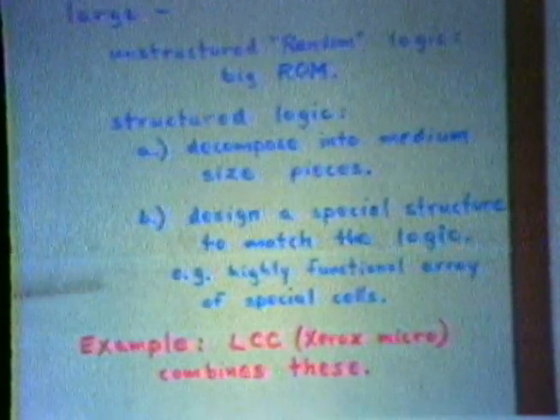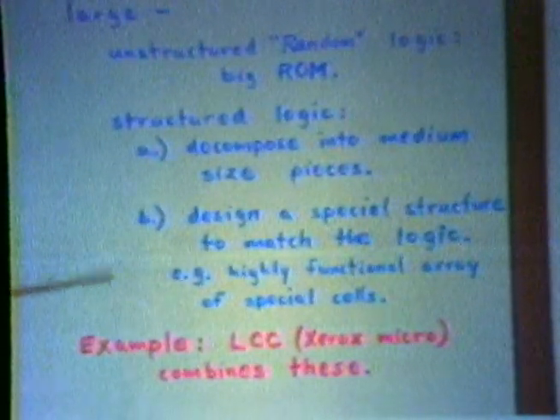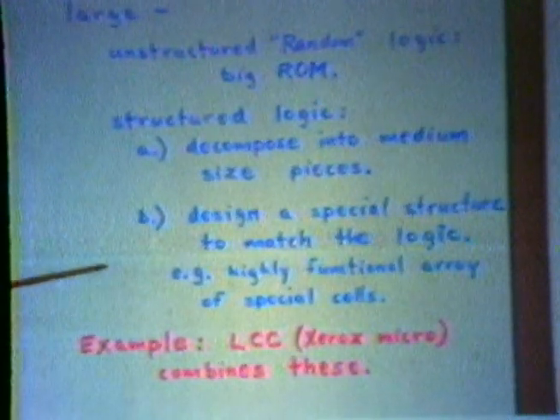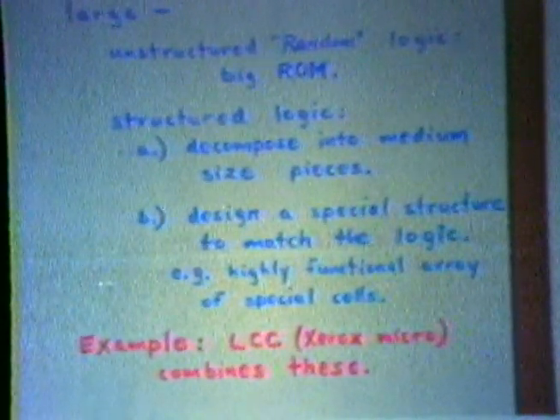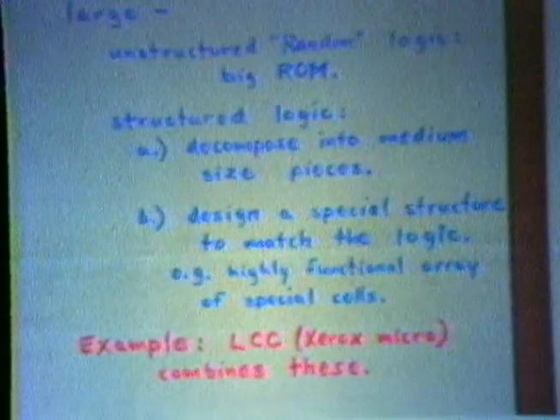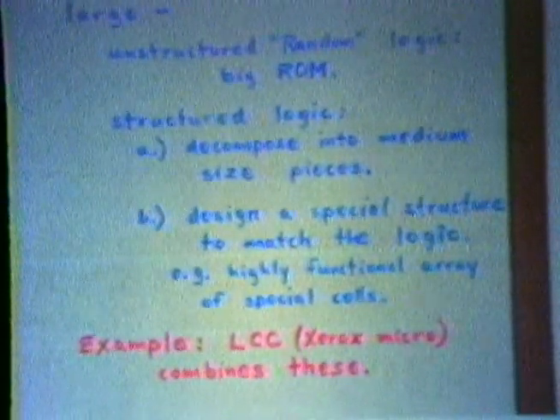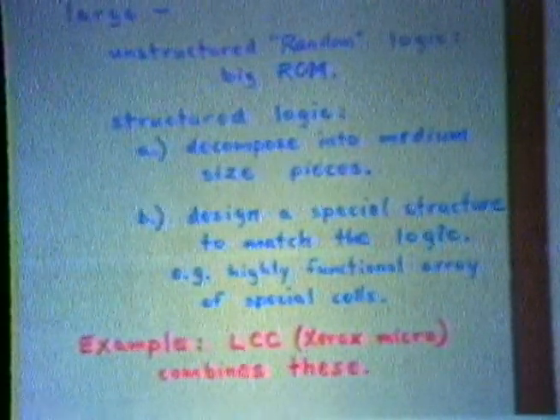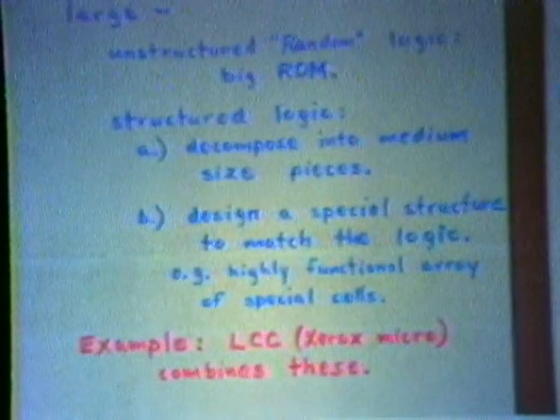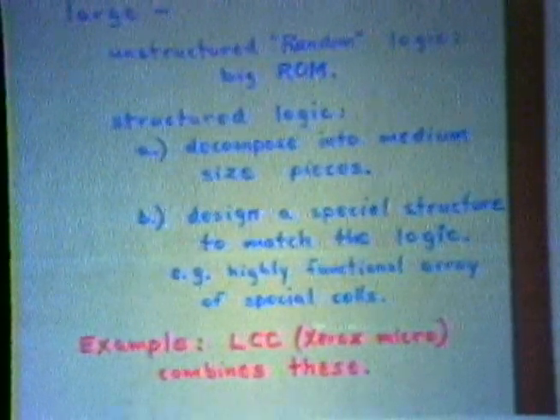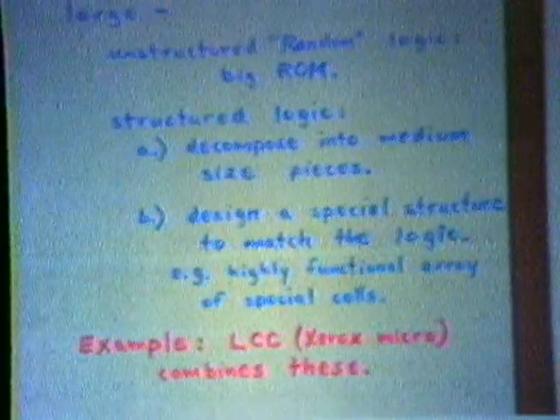This is a very powerful concept which we use a lot to implement highly functional arrays. That is, you design a special cell to do just what you want. You make an array of them to do something that's n times as good in whatever sense your problem requires.